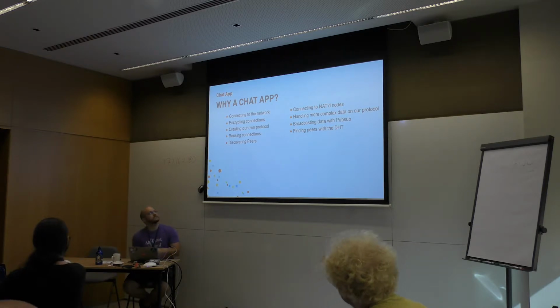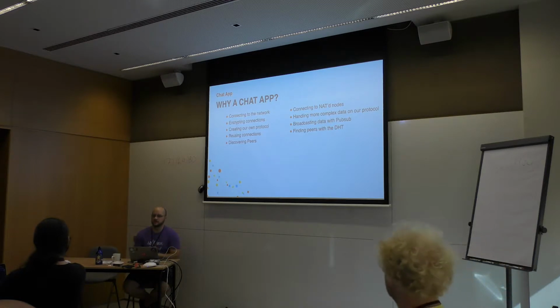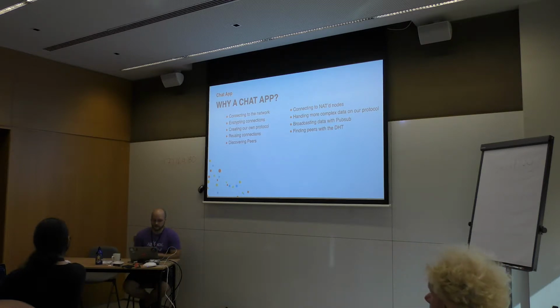We're also going to talk about discovering peers. It doesn't do us much good to be distributed if we can't find peers on the network. And if we do find peers, how do we connect to them if they're behind NATs? So talking to browsers, talking to people on home networks. A lot of people playing around with IPFS might do that at home, and most homes are behind NATs. So how can we dial those?